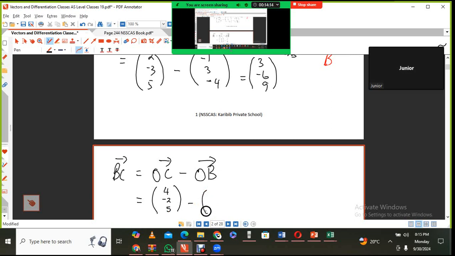And OB is (2, -3, 5). So you'll take those values together. 4 minus 2 is just going to be 2. -2 minus -3 is going to be +1. Just make sure that you don't make a mistake. And 5 minus 5 is 0. Are we clear?